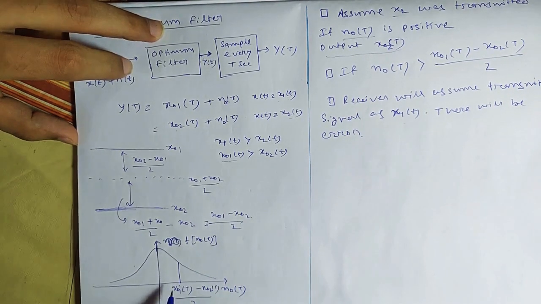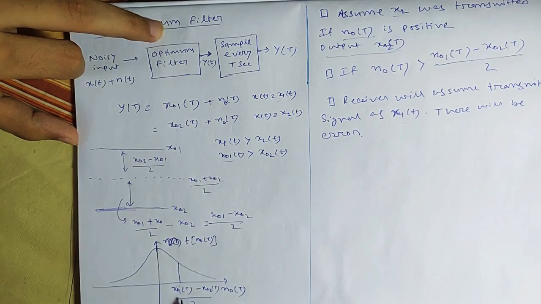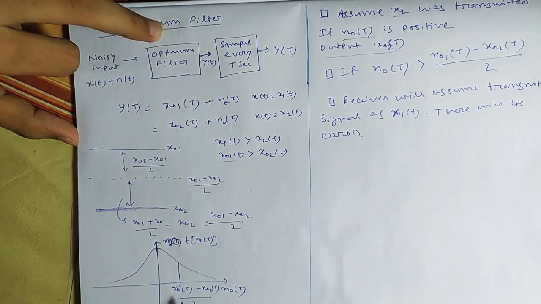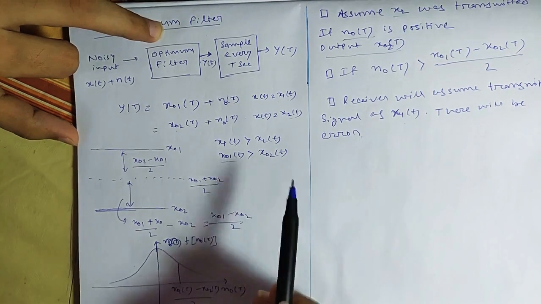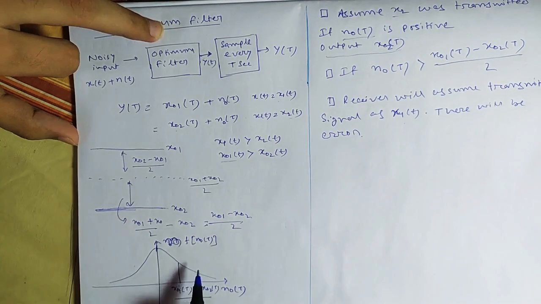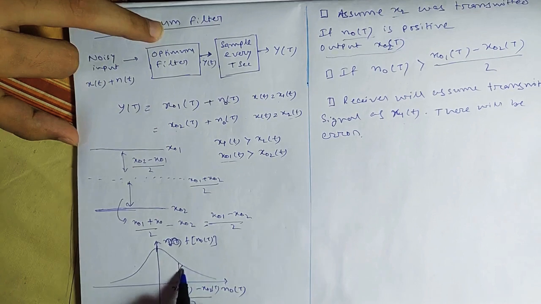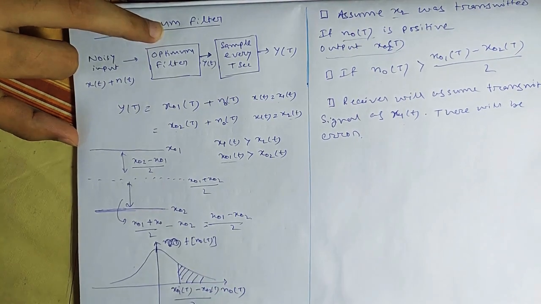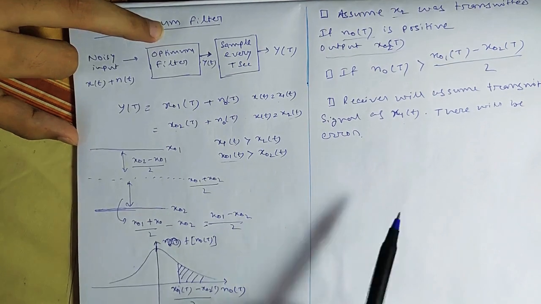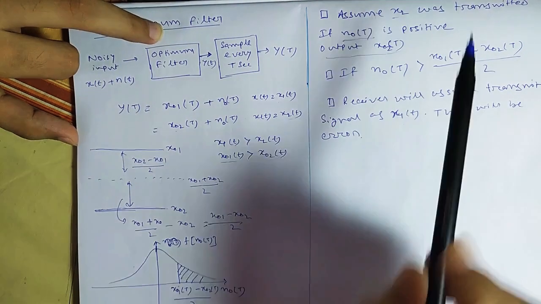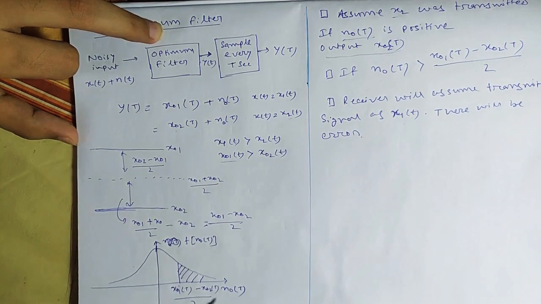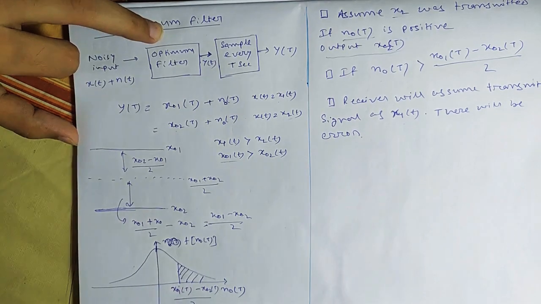Why am I taking the positive side? Because I already assumed that x01 is greater than x02, so this difference will be positive. This inequality shows this region. So if x2 was transmitted and the noise is in this region, there will be an error.